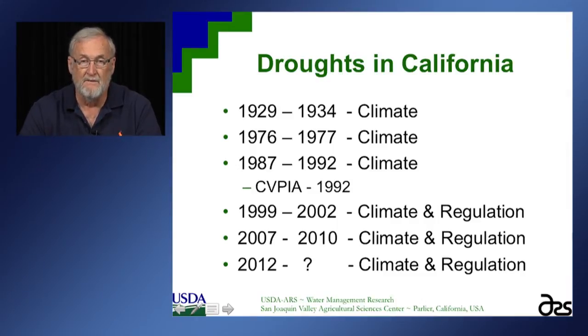And this will then take a certain percentage of the available water supply and direct it for environmental purposes. So after that period of time, we see not only climate, but also regulation are impacting the availability of water. You can see it's 2012, we're starting into what has been called the worst drought of California's history, or nearly to it.